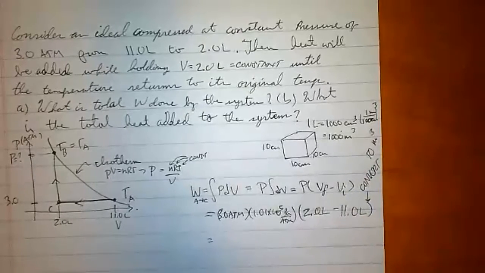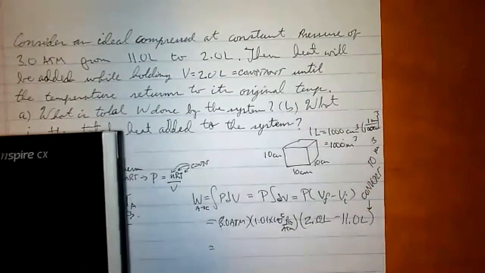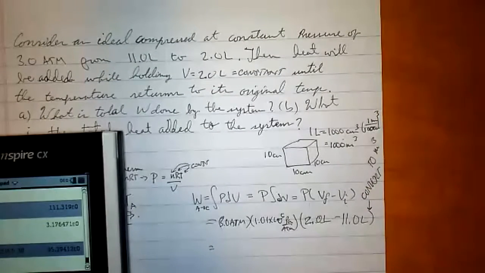So now I'm going to take this and work out the math. I will show you on my calculator so y'all can catch me if I make a boo-boo. So 3 times 1.01 e to the 5th times parentheses 2 minus 11, times 1,000.